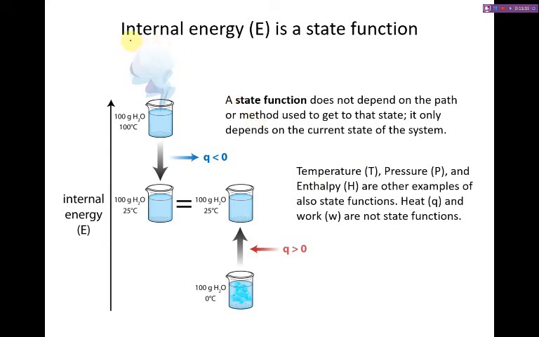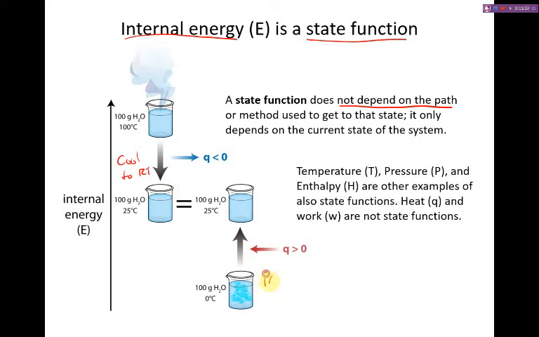So internal energy. Let's talk a little bit more about internal energy. It's what we call a state function, and state functions do not depend on the path or the method that's used to obtain that state, but only what the initial and the final states are. So for example, we could take boiling water and cool it down to room temperature.